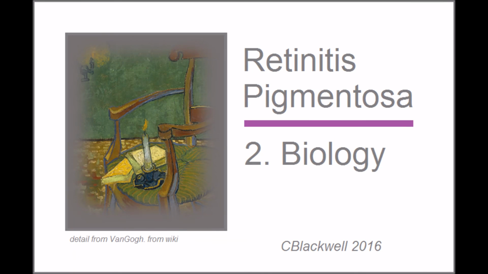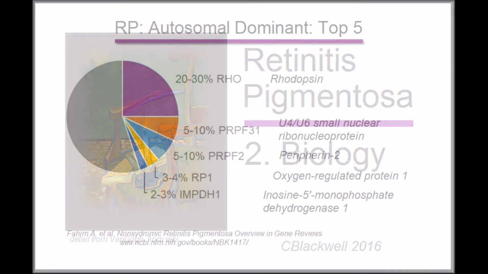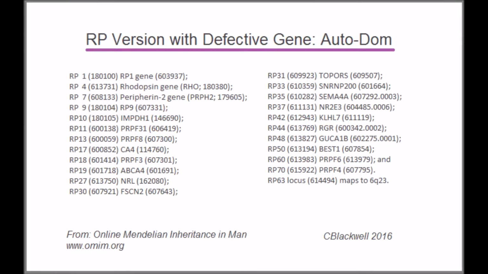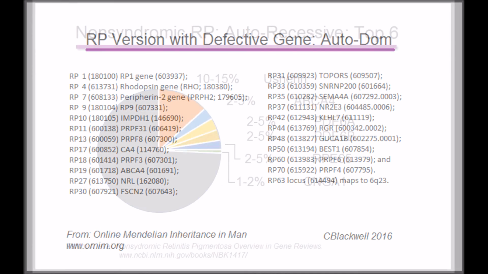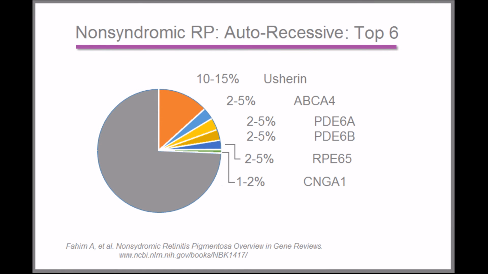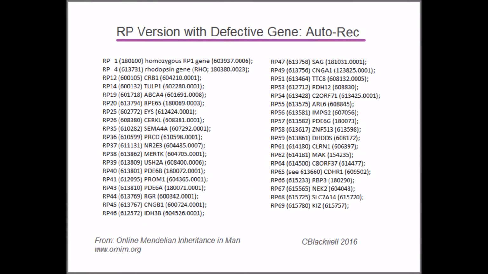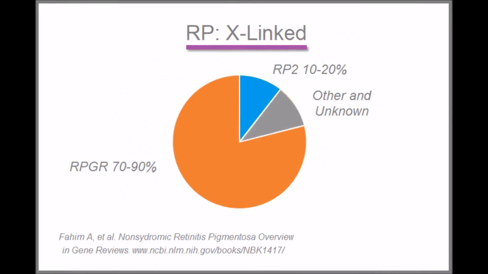In this video on the biology of RP, we have only covered the headlines. The top 5 autosomal dominant mutations, though there are a lot more. The top 6 autosomal recessive mutations, though there are a whole lot more. And the top 2 X-linked mutations.